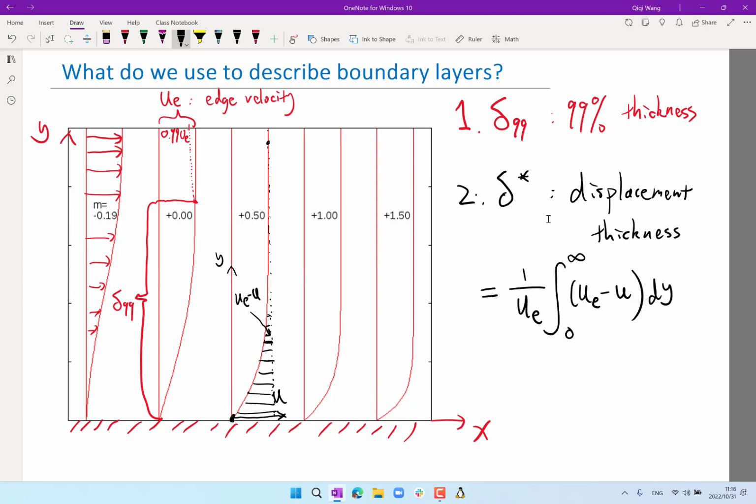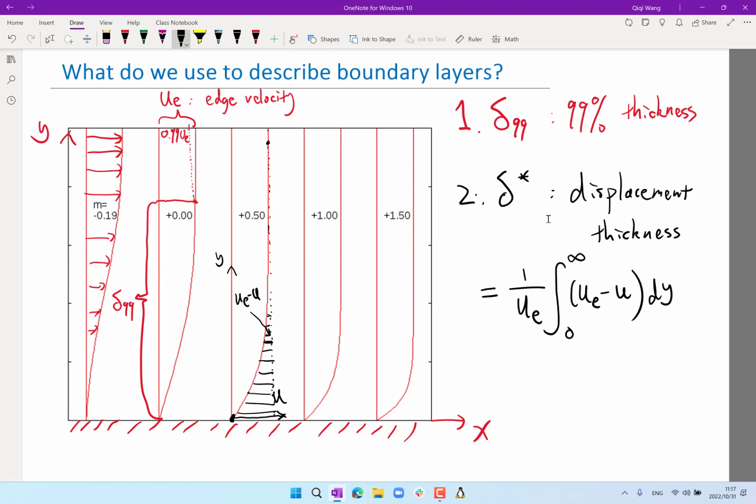So what is the integral? You are integrating the distance between the dashed line and the boundary layer profile along the y-axis. So the integral is really the area of this shaded region. Now I'm dividing that integral by ue itself. So what is delta star?